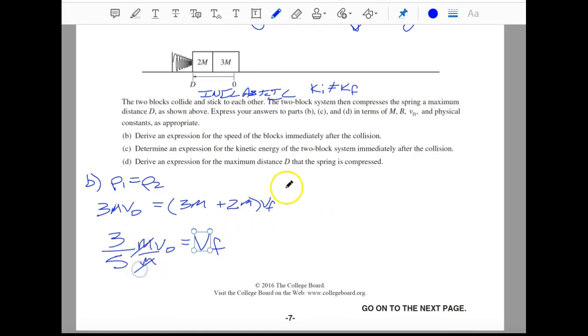Notice that the m's cross off, so your final answer here is vf is equal to 3/5 v0. All right, so we're done with that part.